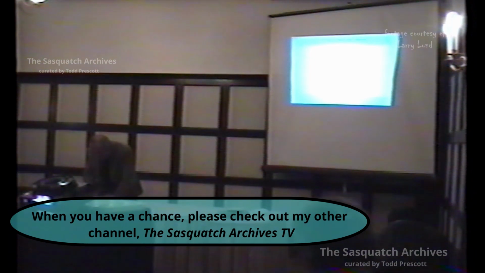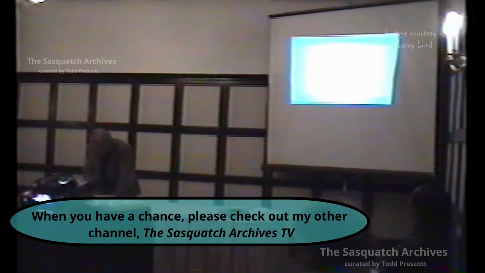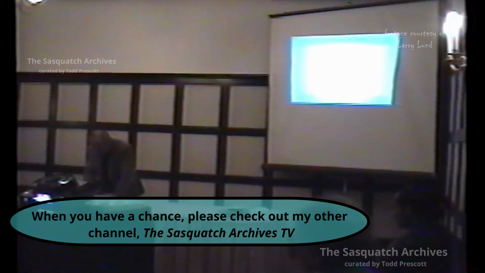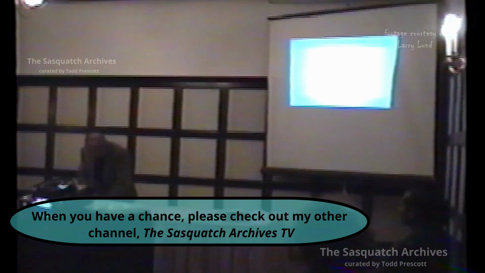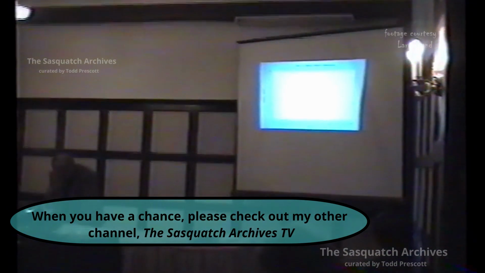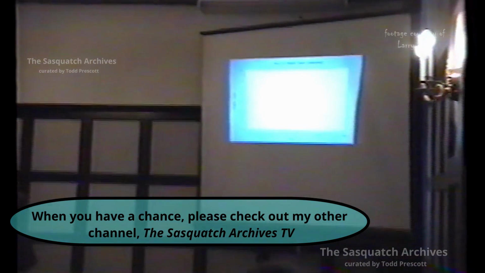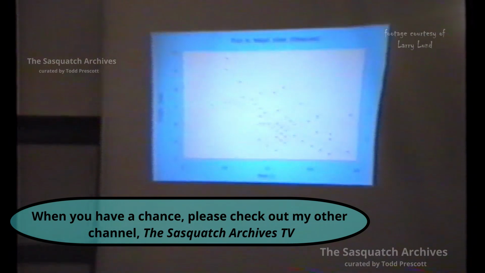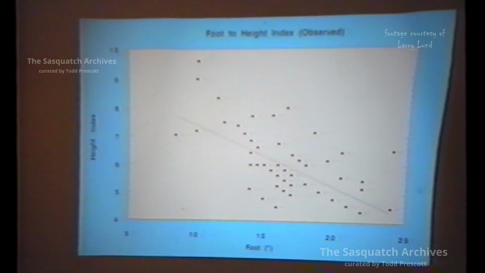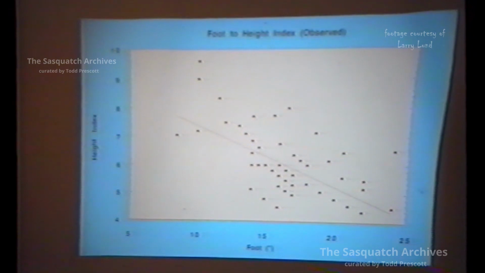What this means, the implications of this particular graph, is that first of all, foot length does not scale linearly with the height of the creature, but it increases disproportionately. The heel also seems to increase disproportionately with increasing height, and the width increases, but at best at the same rate as the length.